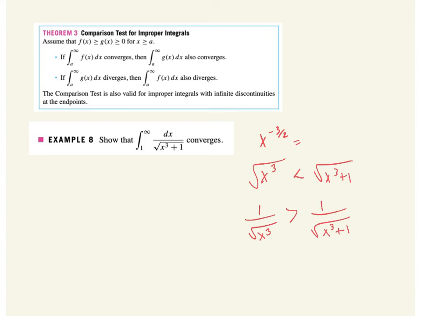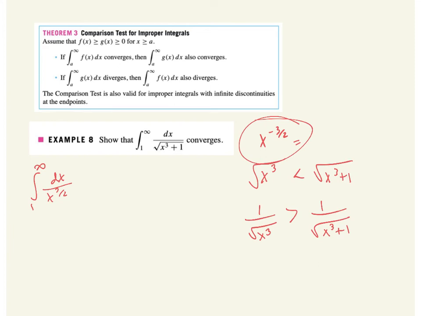So if we can prove that x to the negative 3/2 converges, then we can say the same thing would be true for 1 over x cubed plus 1. So if we use our p integral, we see that p is greater than 1, right? 3/2 is greater than 1.